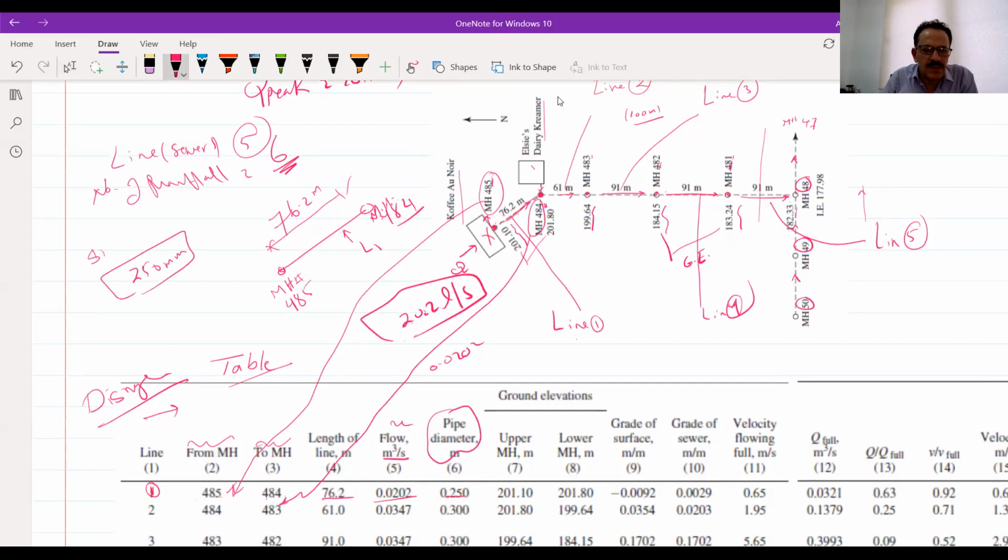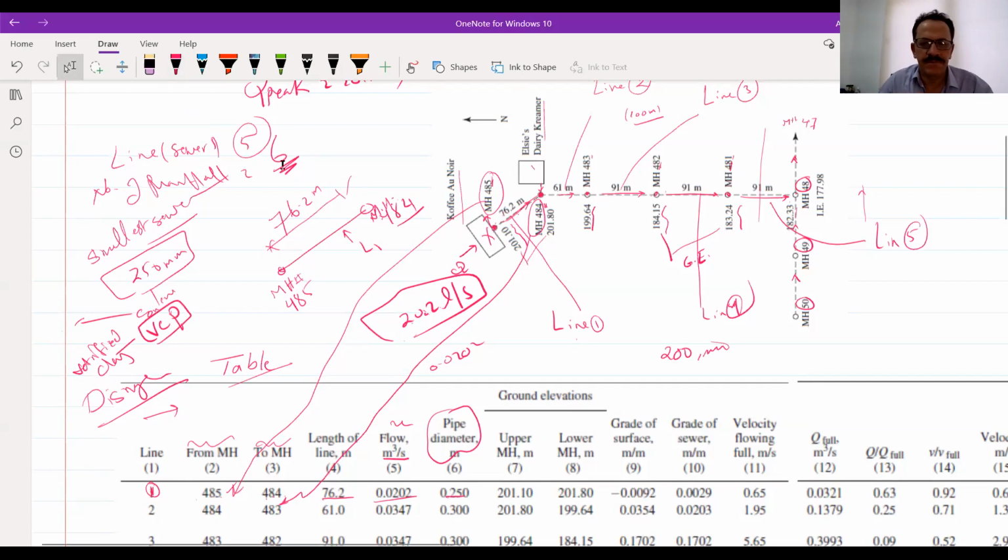This will be the smallest sewer that we have to use if you are using concrete and vitrified clay sewer or clay pipe. This is vitrified clay, and this is concrete. For plastic or corrugated plastic pipe, we may use less than 250. Also, you can use 200 millimeter sewer pipes.